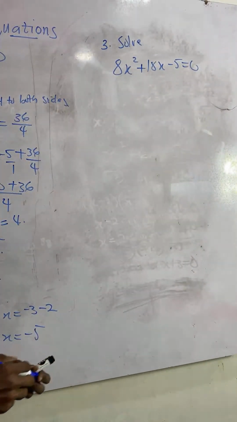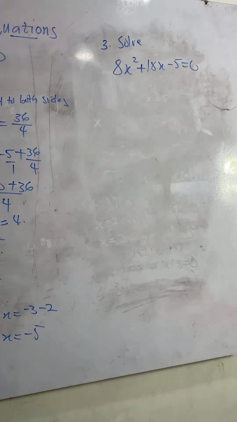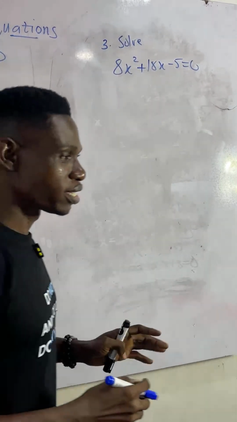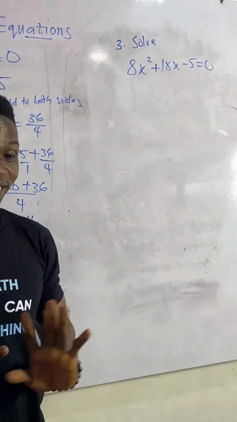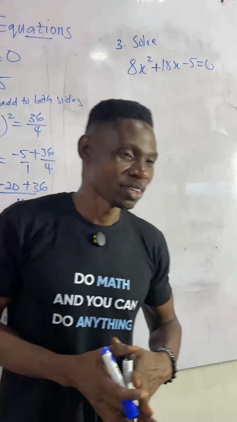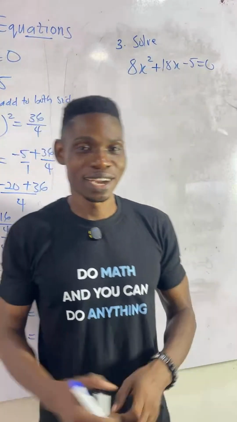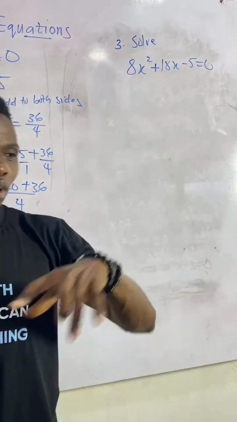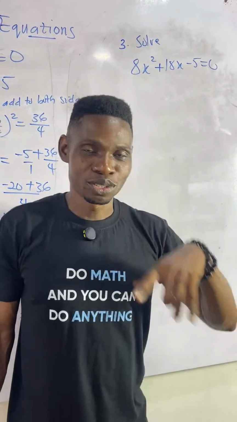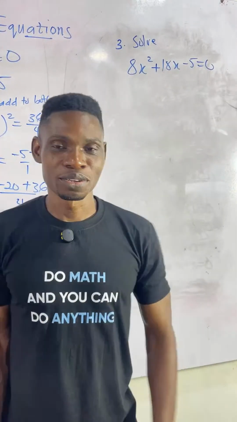Alright, so we want to solve this where a is not 1. So can I give you 60 seconds? Alright, so your 60 seconds starts now. Let's see what you get. Let's go. And if you get stuck, indicate where you're stuck so that I stress it when I'm solving.